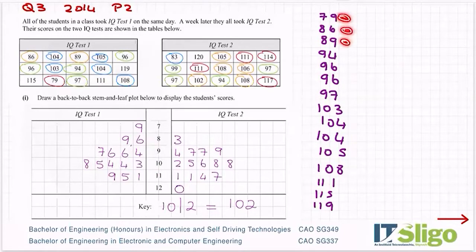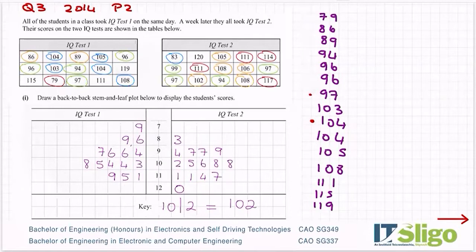1, 2, 3, 4, 5, 6, 7. I'm thinking 7 and 7 is 14. So what I did was I counted up 7 from the bottom and I got to 104. I counted down 7 from the top.